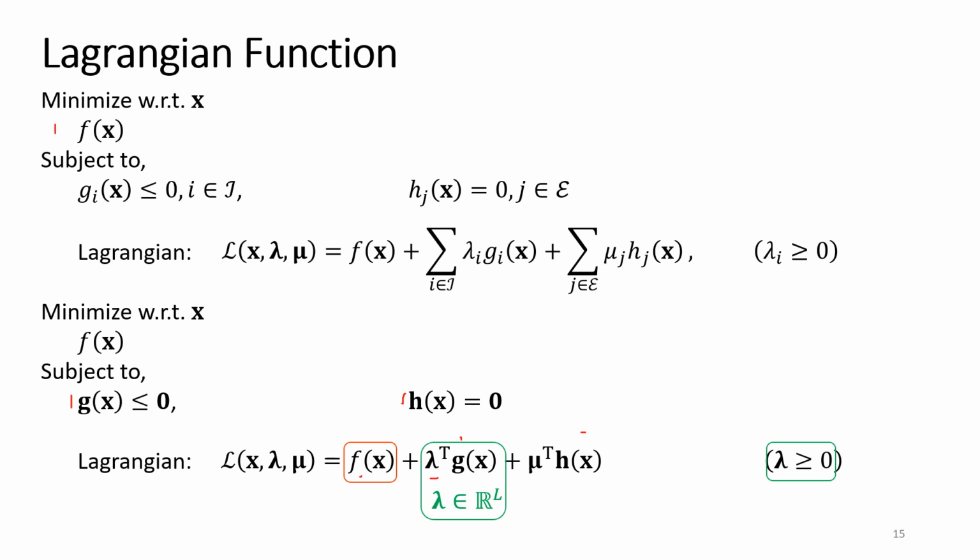Lambda is a vector of Lagrange multipliers, and it has dimensionality L, where L is the cardinality of the set of inequality constraints. And the third term is mu transpose h of x. It corresponds to the equality constraints, and mu is a vector of dimensionality m, where m is the cardinality of the set of equality constraints.